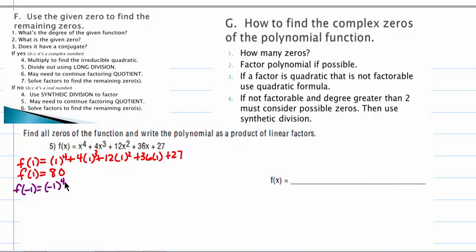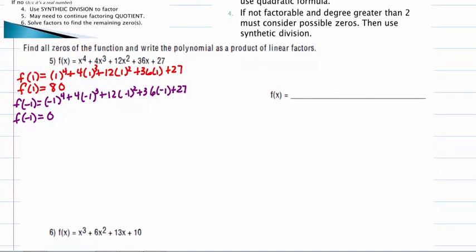Negative 1 to the 4th plus 4 times negative 1 cubed plus 12 times negative 1 squared plus 36 times negative 1 plus 27. Well, f of negative 1 is equal to 0. Since f of negative 1 is equal to 0, then negative 1 is a factor. Now I'm going to use synthetic division and divide out negative 1.